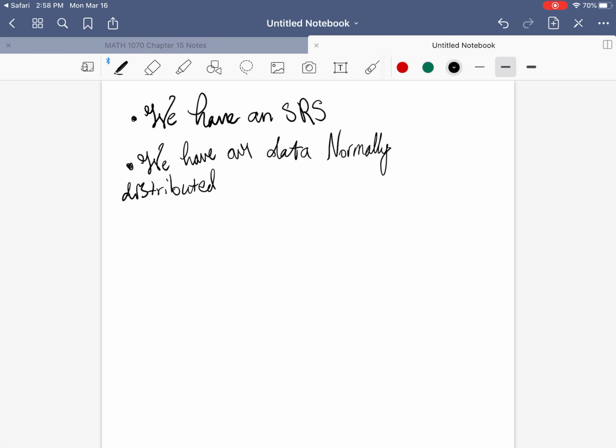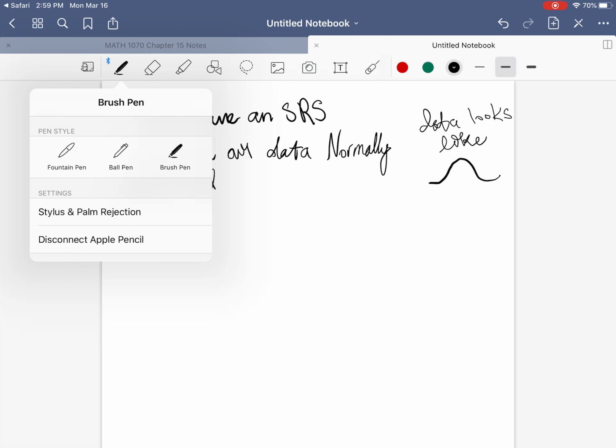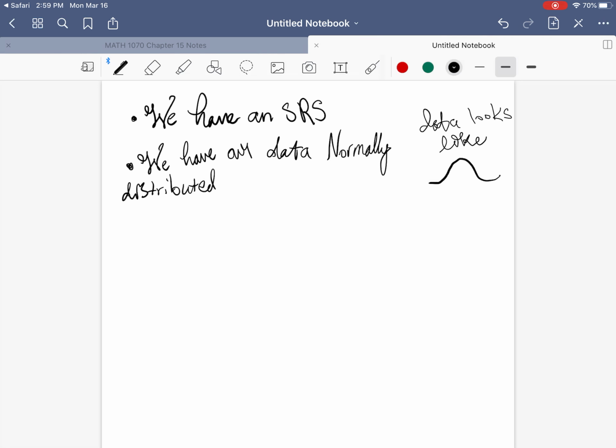So we take a sample. So if we're thinking about all the students in our class and their heights, we take a sample, and then we have data, and it looks like this. But this we may also not always know.